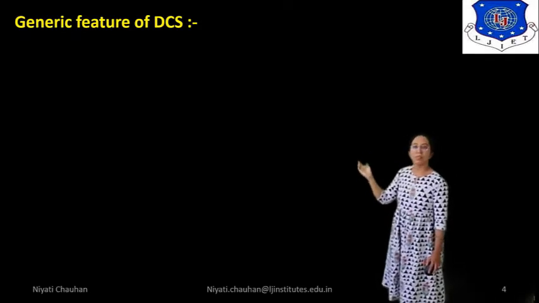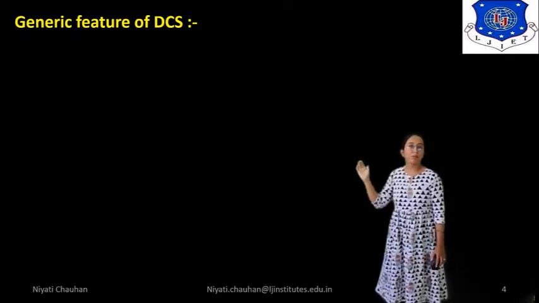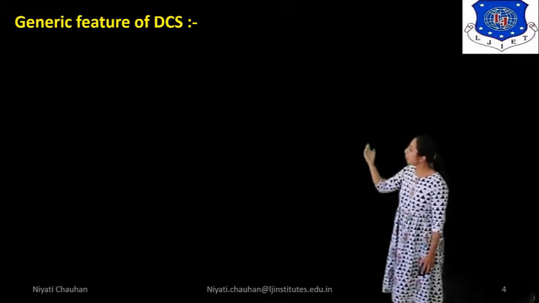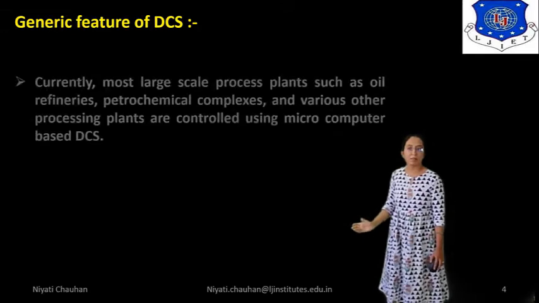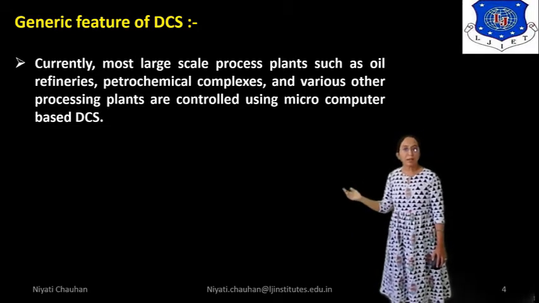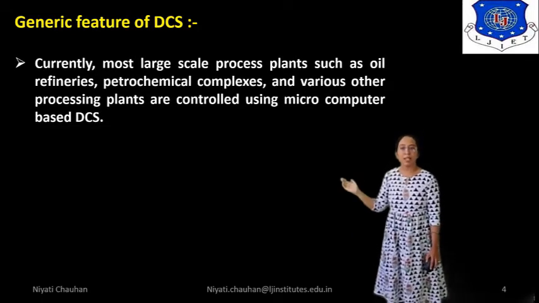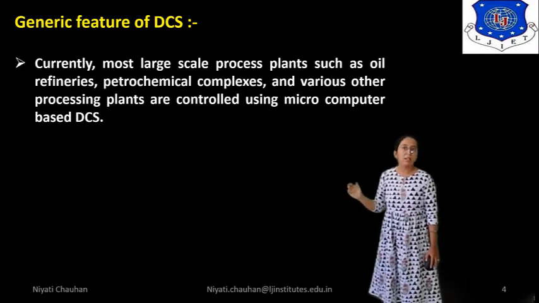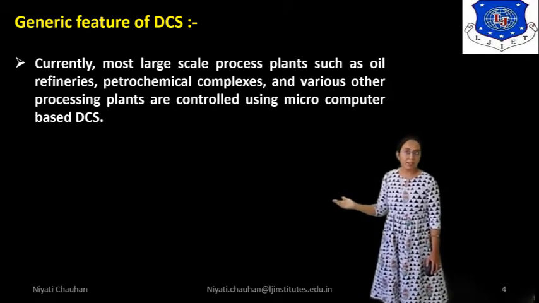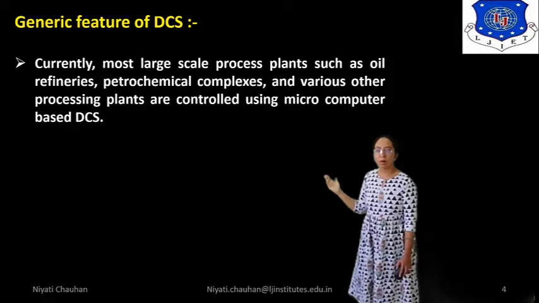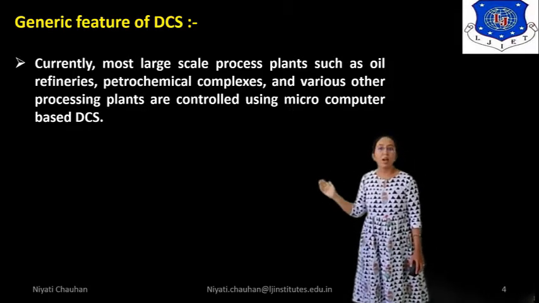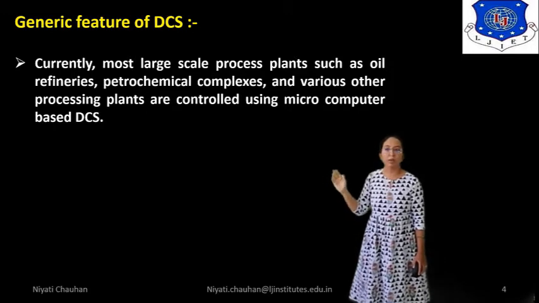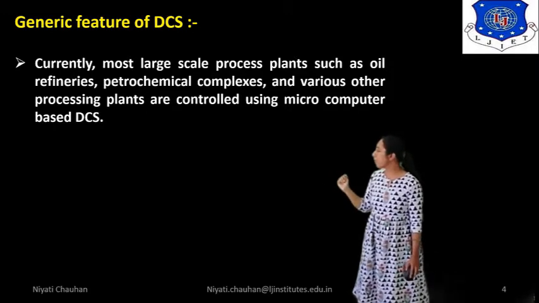Next, the generic features of distributed control systems. Here we are discussing the basic features of DCS. Currently, most large-scale process plants such as oil refineries, petrochemical complexes and various other processing plants are controlled using microcomputer-based DCS.